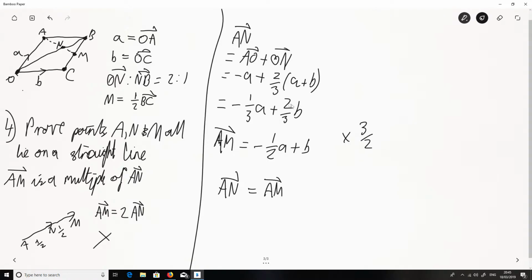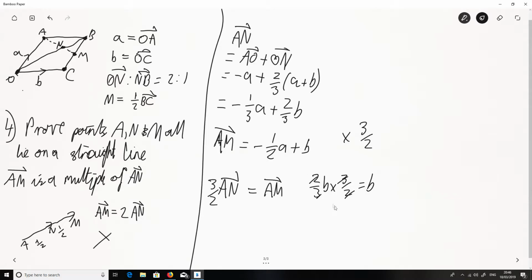So the B coefficients will cancel out to just B. If we try this, 3/2 AN equals AM. The way we've shown that is 2/3 B times 3/2 cancels out like that, and that is equal to B. So it works for the B coefficient.